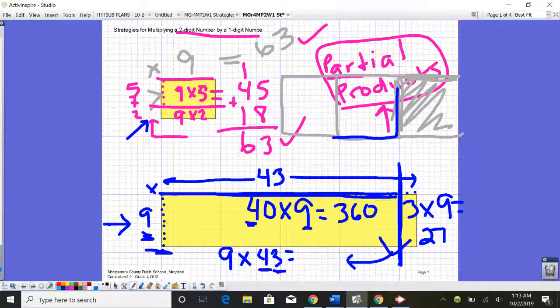Now all I have to do is add it back together. 360 plus 27 is 387. What I've just done is found out that there are 387 yellow squares shaded in the entire array, and I made my job really easy by breaking apart a number that I'm uncomfortable with into place value, because I can do that.